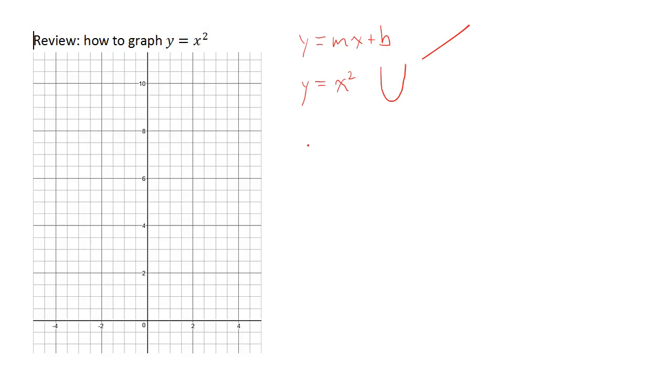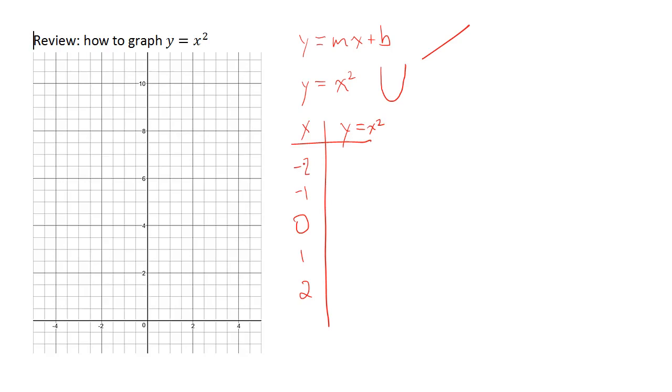Well, there's a couple ways we could do it. One way would be a table of values. So we can set up a table of values, and we've got our x and we've got our y, and we can pick some x's from -2 up to +2, for example. And then we're just going to plug each of these x's into our equation, which is y = x². So the y value is just whatever the x value is squared.